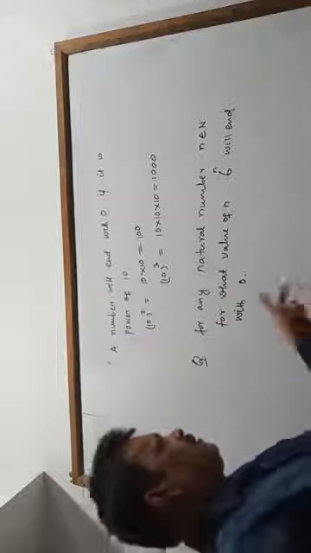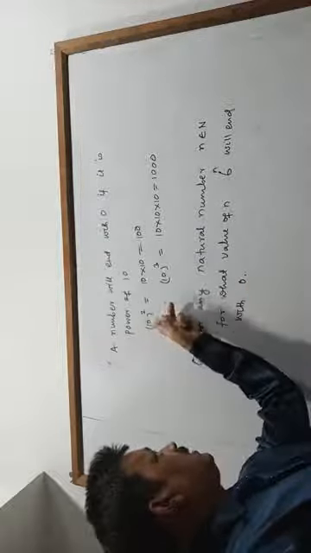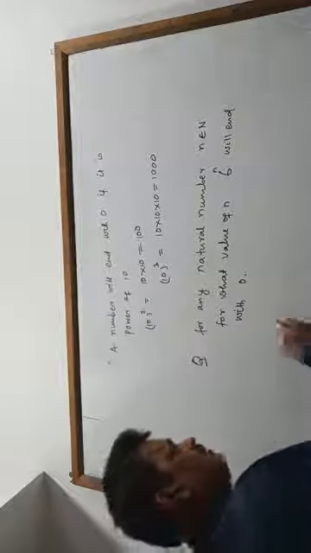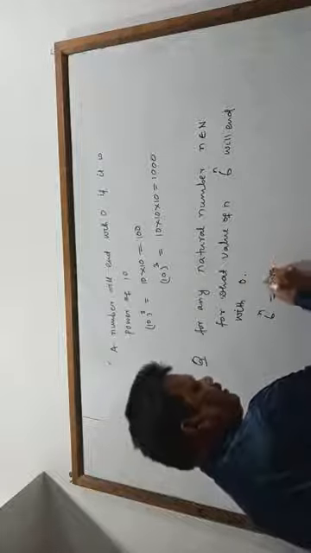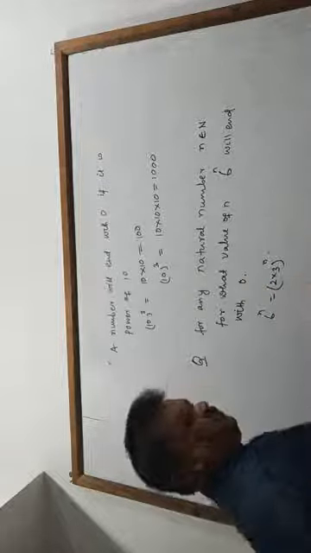See, the number will end with 0 if it is 10 or its power. 6 to the power n is 2 into 3 power n.